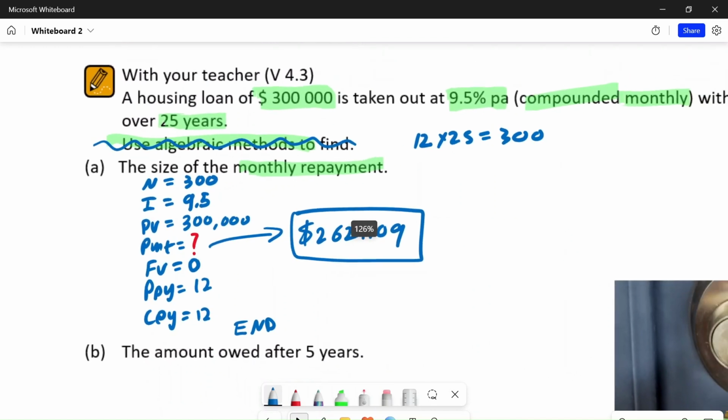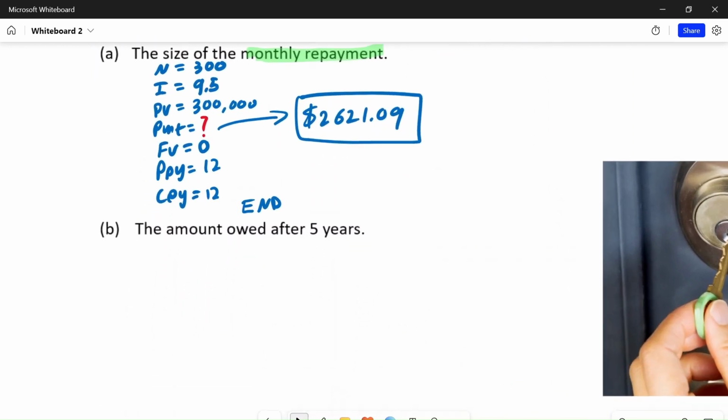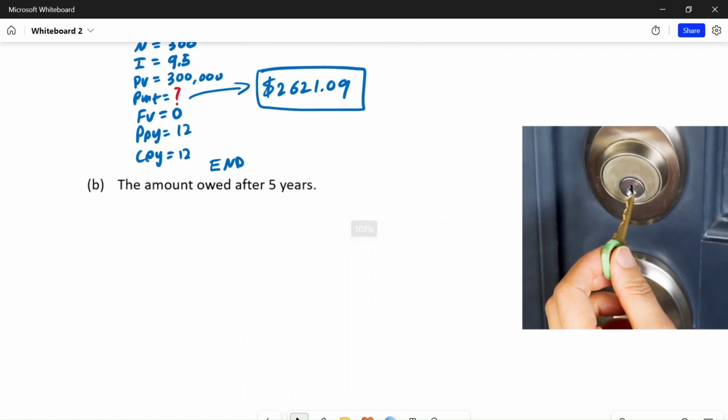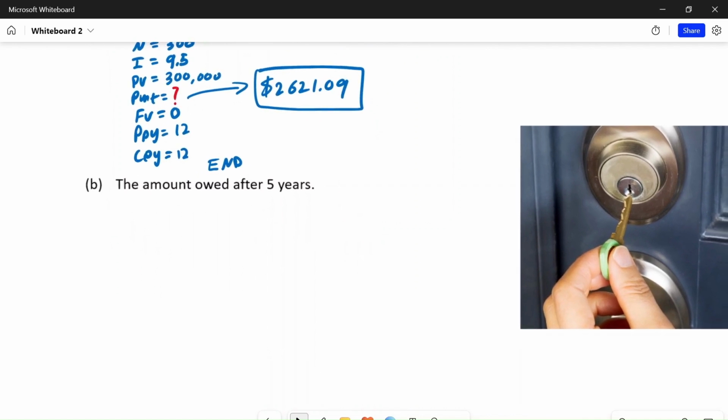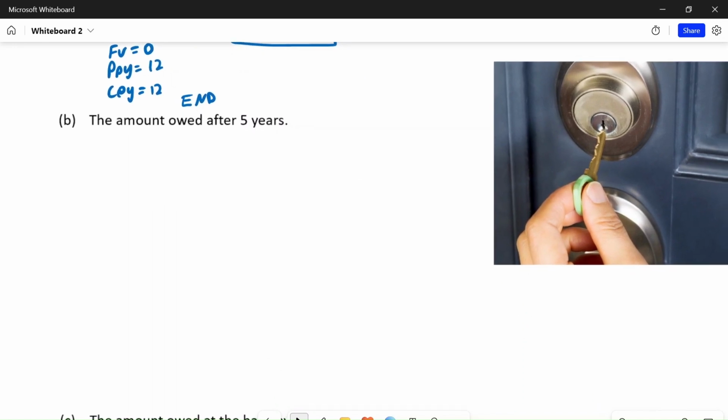Okay, in part B, we're asked to find the amount owed after 5 years. Now, there's a couple of different ways to approach this on the calculator. I'm going to use the method that shows the amount of periods that have elapsed. So let's detail the inputs to start with before we worry about that. PPY and CPY.